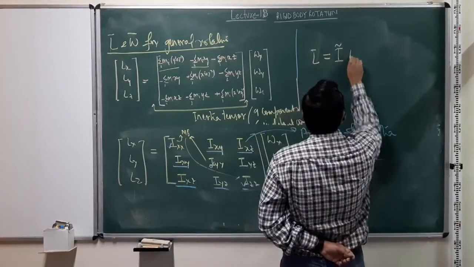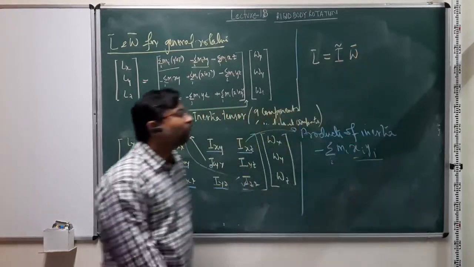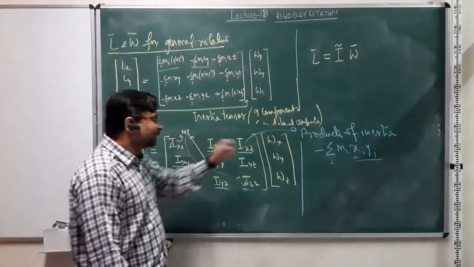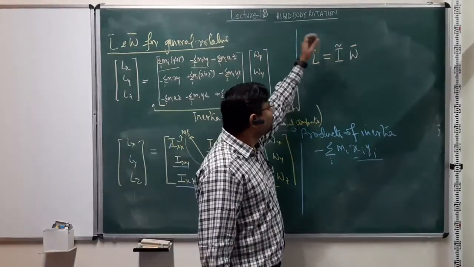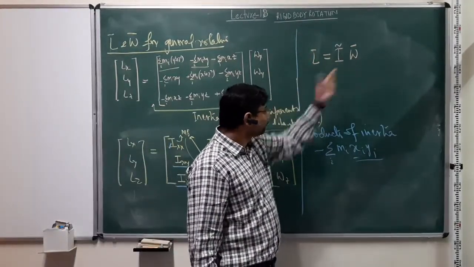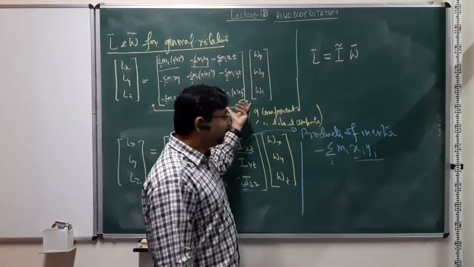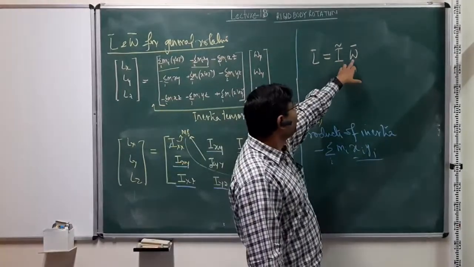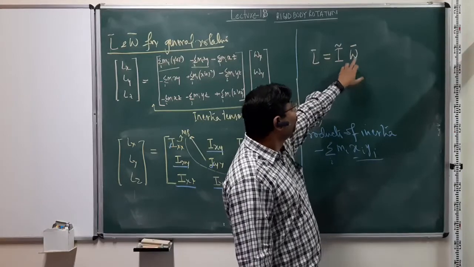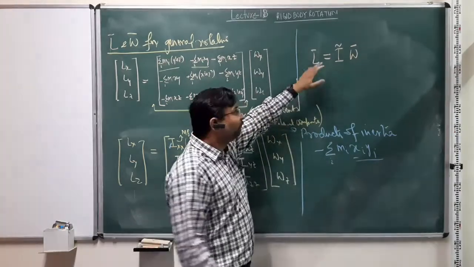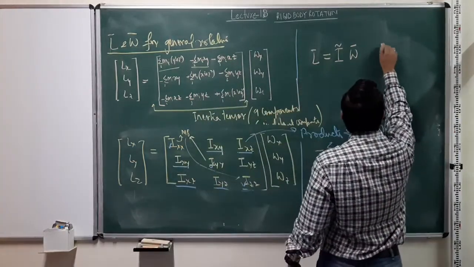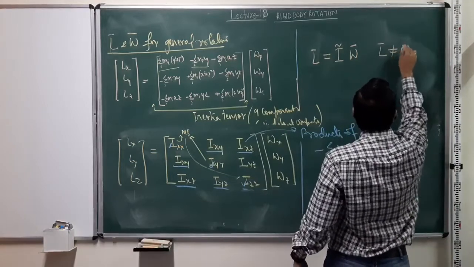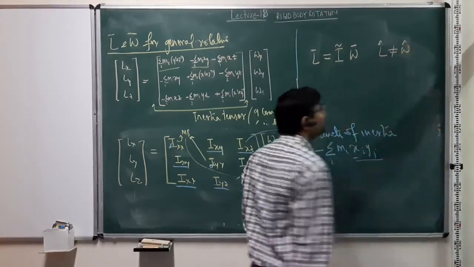So L is the inertia tensor times the omega vector, and I has the property that I multiplied as a matrix multiplication by omega will give us another vector L, where now we do not require L cap to be equal to omega cap.